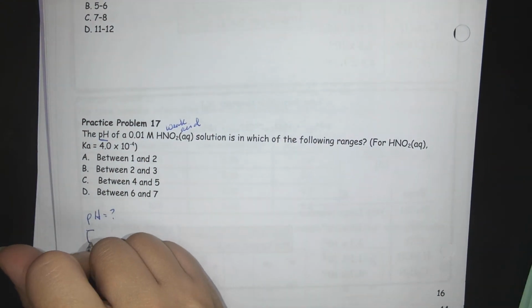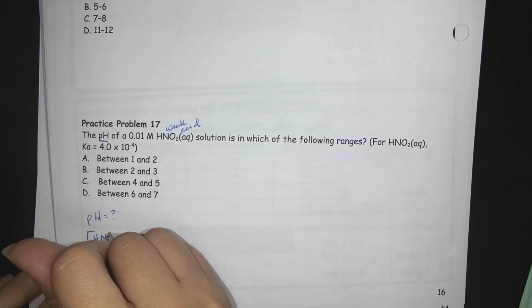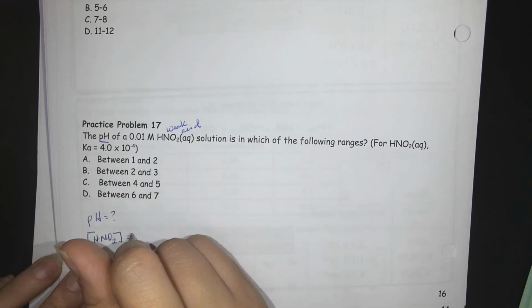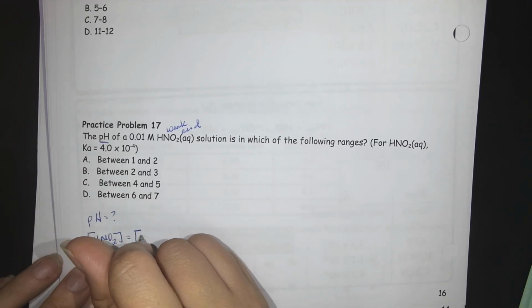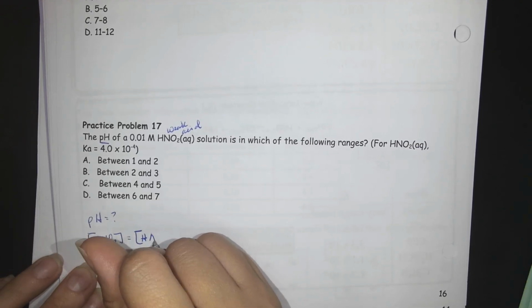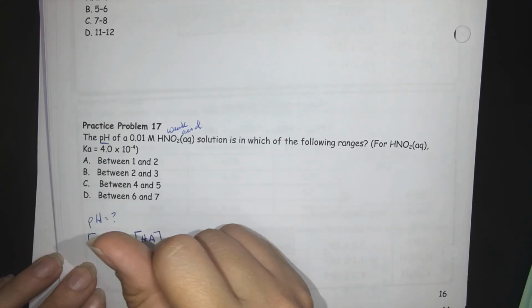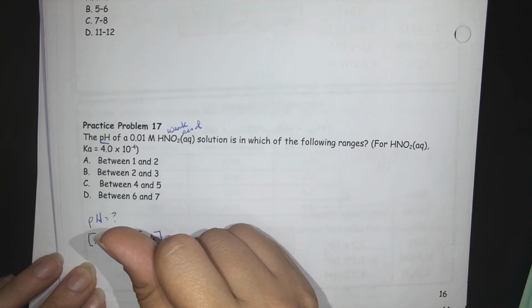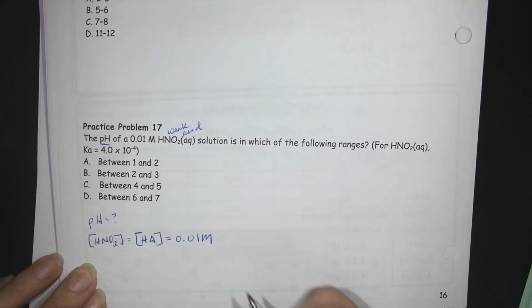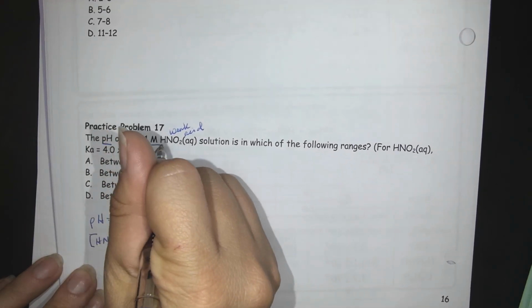So this concentration of HNO2, or if it helps our brain, we can just call this hydrogen with something else attached to it, right? The HA. This weak acid is 0.01 molarity. That's the concentration.